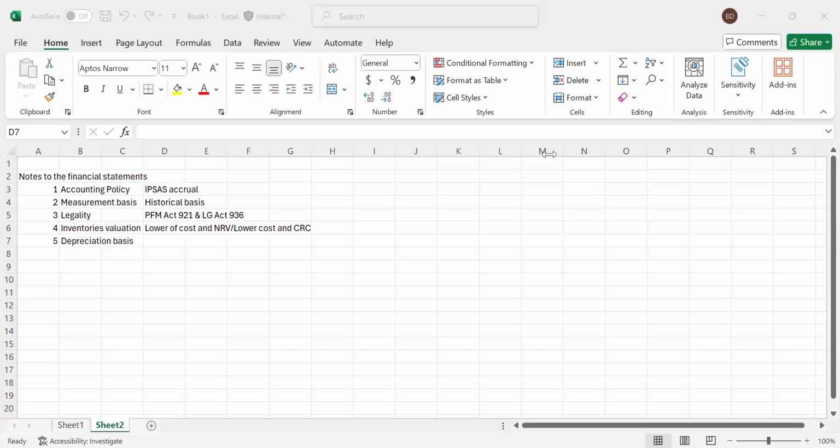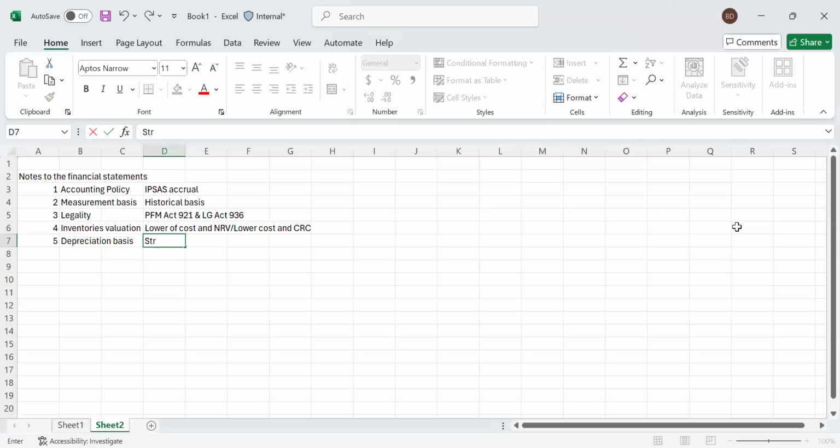Okay, let's continue. Then depreciation basis. You can say that the fixed assets, or the non-financial assets, were depreciated, because by then you would have prepared the financial statements. So you can't say are; you have to use the past tense. Were depreciated using what?